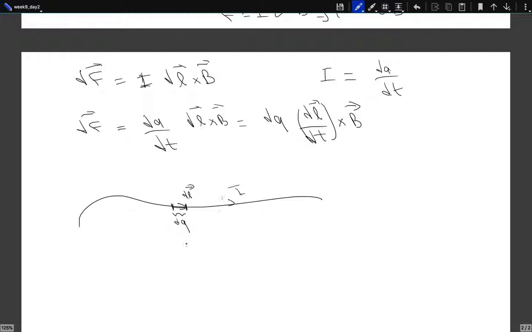And on the average, they will be moving with a speed v. And so dt, the time it takes for all these charges to cross that point, will be just dl over v. Or I, which is dq by dt, is v times dq by dl.